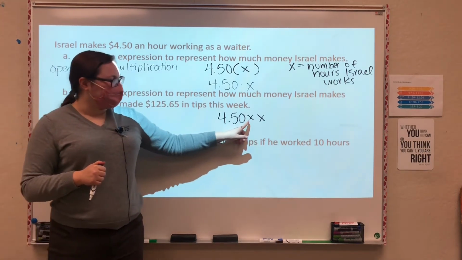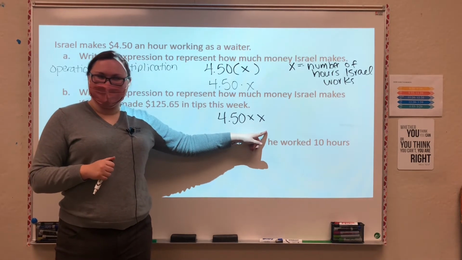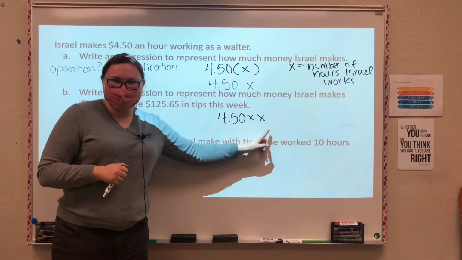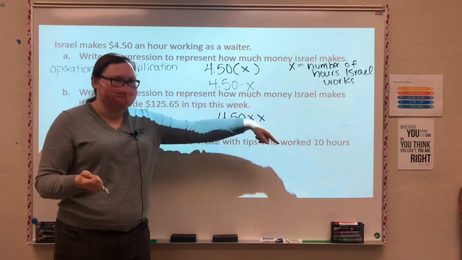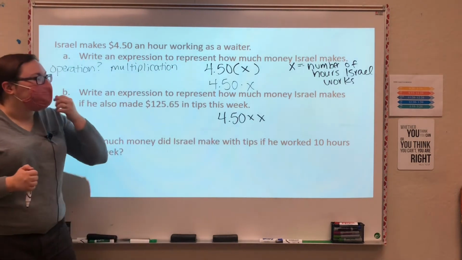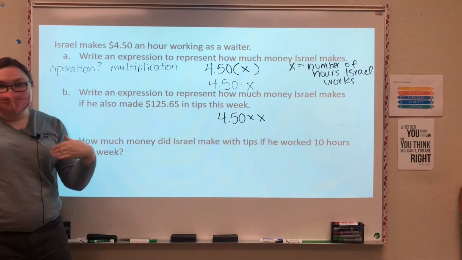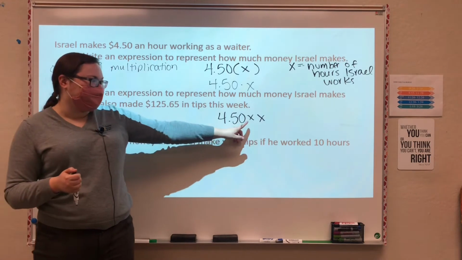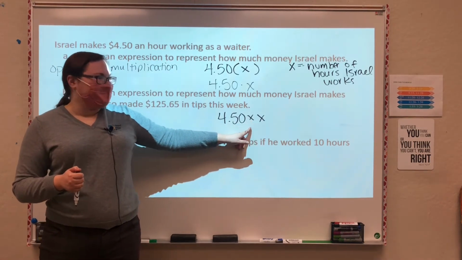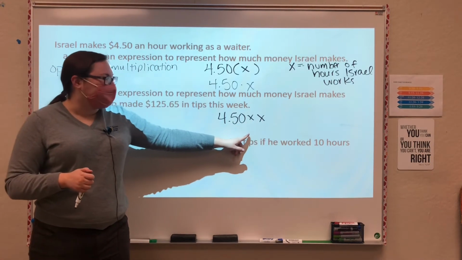It says 450 times X. Do you see a problem with this? It looks confusing, right? I've got like XX here. You think back to last class when I talked about all these different ways we write multiplication, and I said the further you get in math, the less you use that multiplication sign. This is exactly why, because this looks very confusing.